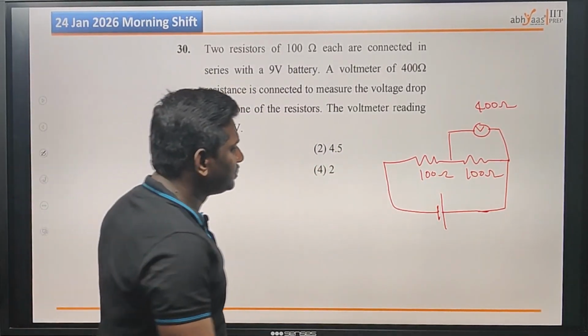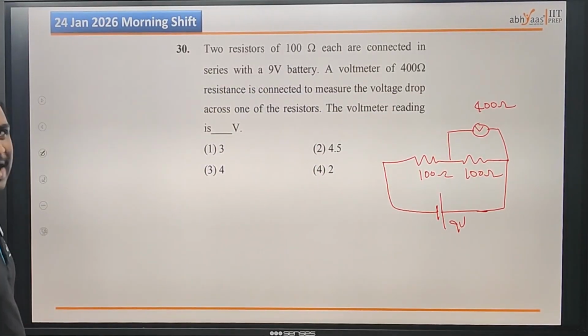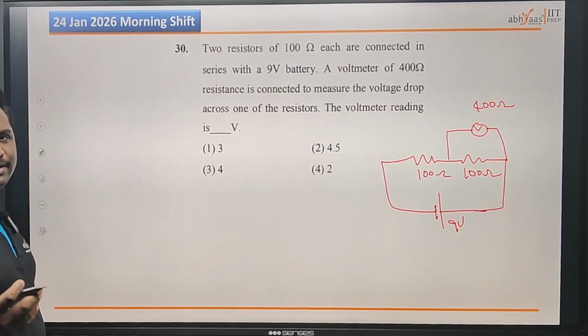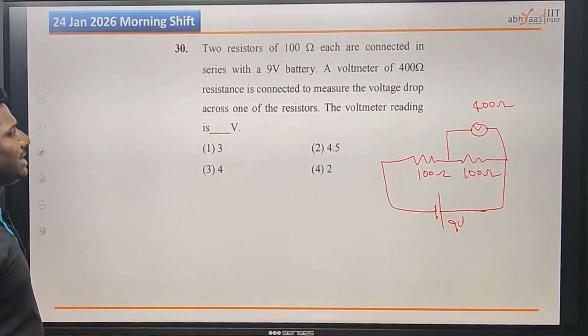See here, 9 volts. First we have to find R equivalent, from that you can find the current, and after that we find the voltmeter reading.